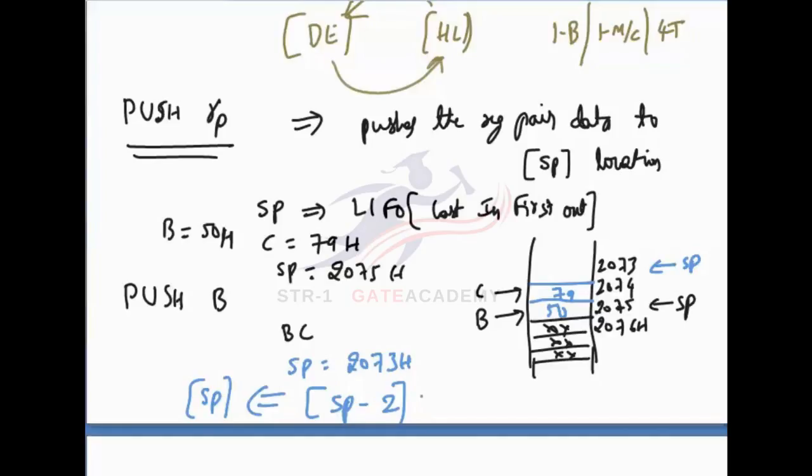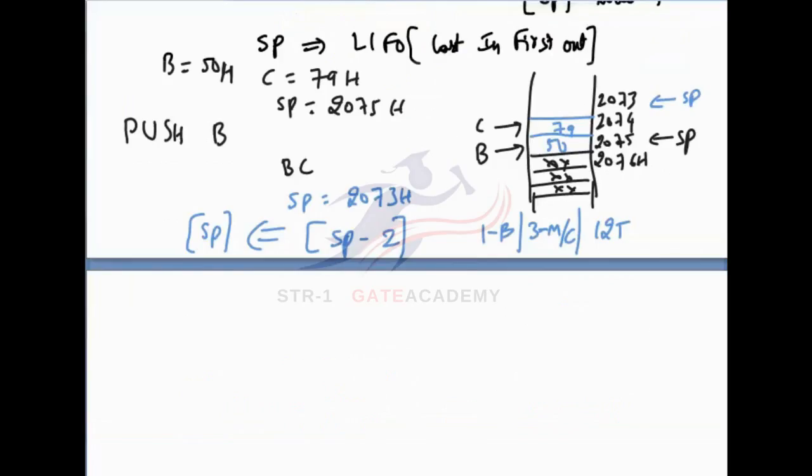Now this is a 1 byte instruction. Why 1 byte? Because data is not mentioned. The number of machine cycles is 3, and the number of T states is 12. Why 12 T states?